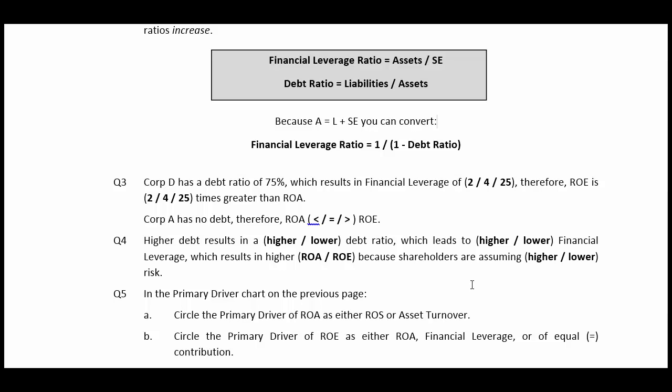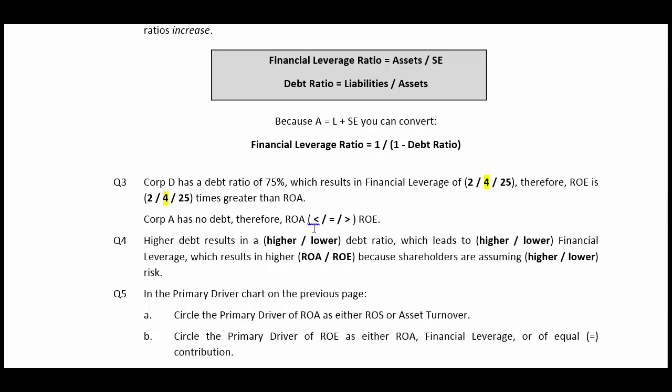Corporation D has a debt ratio of 75%, which results in a financial leverage ratio of 4. This just gives you the formula. Therefore, return on equity is 4 times greater than ROA. So what the financial leverage does is tell you how many more times ROE will be than ROA.